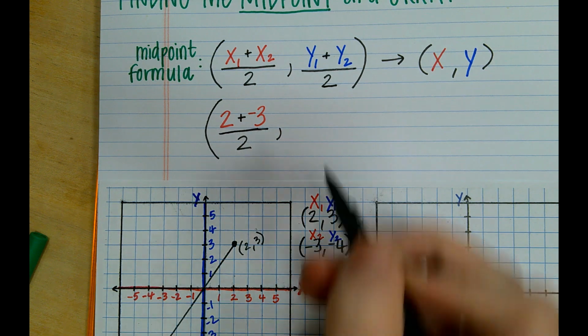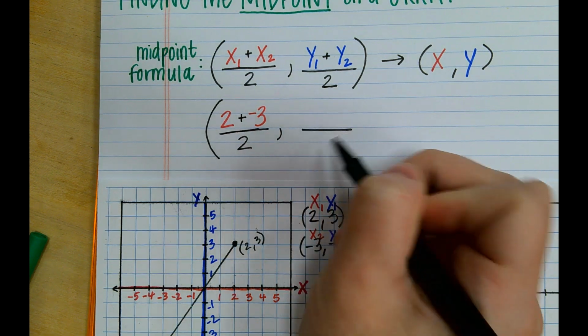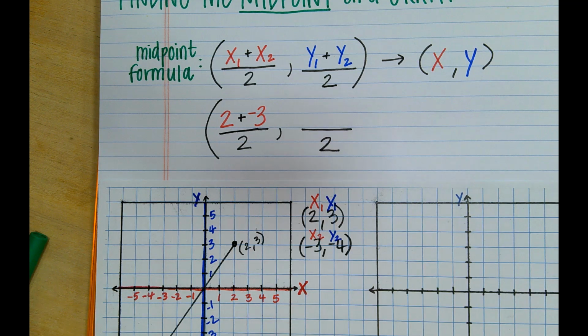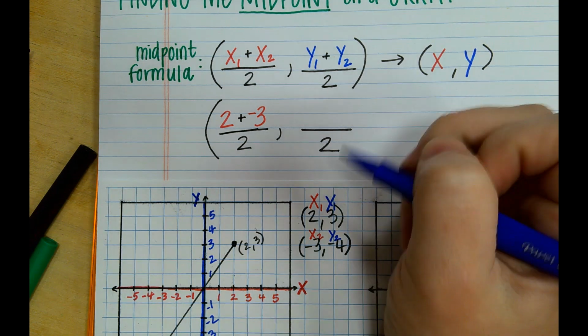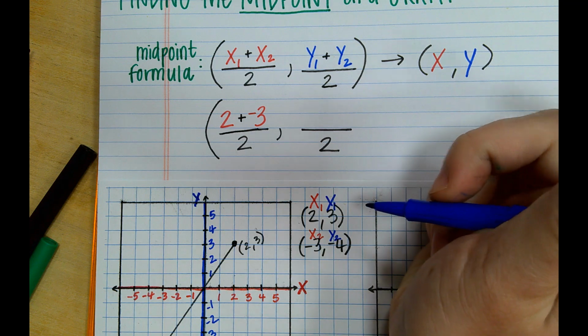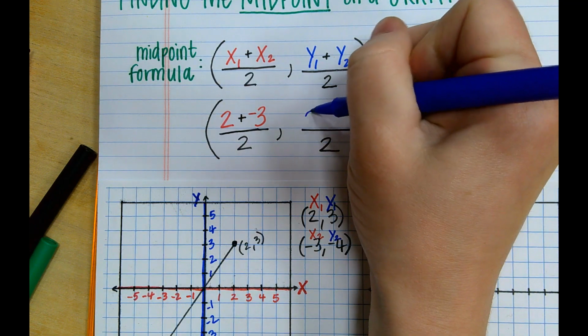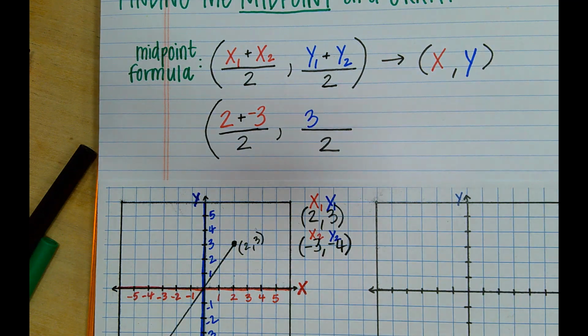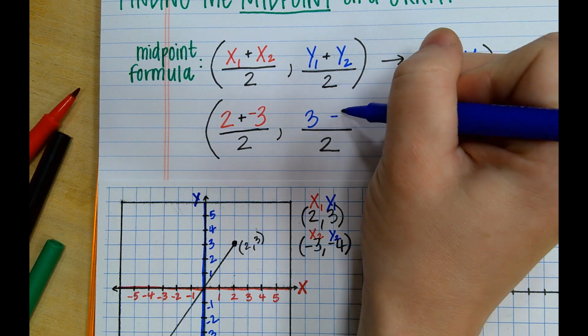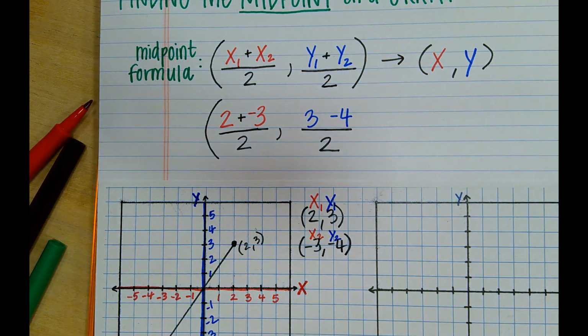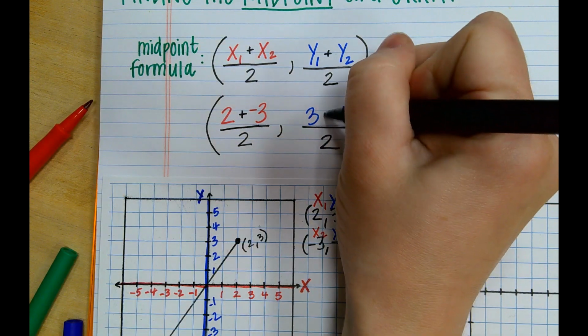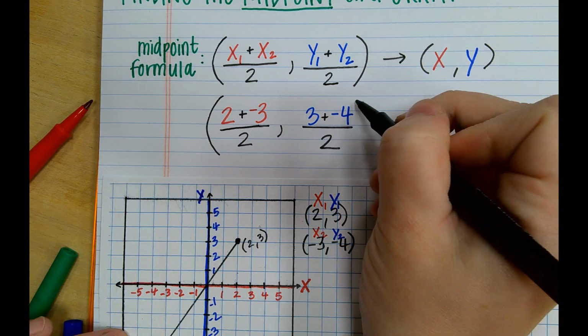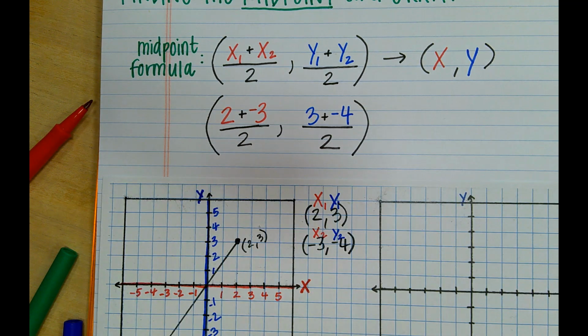Okay, then we're gonna look at our y's. What's my y1? 3. 3, perfect. And what's my y2? -4, good. So now we just need to solve each of these problems.